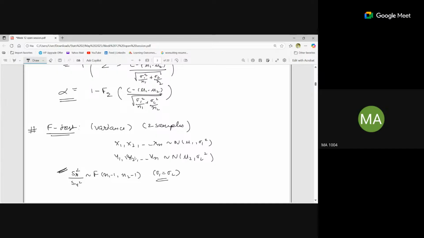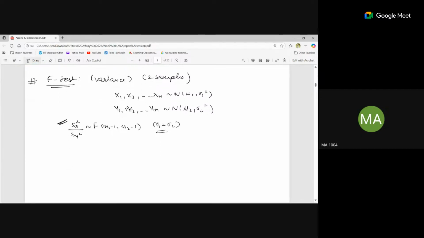That is my H naught. So in the F test, my null hypothesis would be sigma 1 is equal to sigma 2, and my alternative would be sigma 1 is not equal to sigma 2. Now what will be my test statistic?